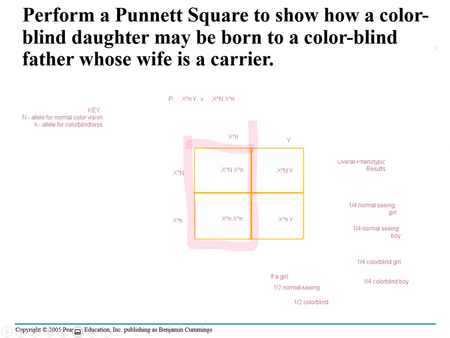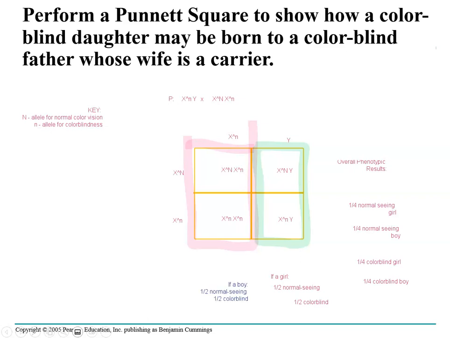Okay, so there's the summary for if it's a girl: we have a 1 out of 2 chance of her being a normal seeing girl and a 1 out of 2 chance of her being colorblind. We can do the same thing for the boy. If we find out that the child is going to be a boy, then it's actually the same. 1 out of 2 chance that he is normal seeing and 1 out of 2 chance that he's colorblind.